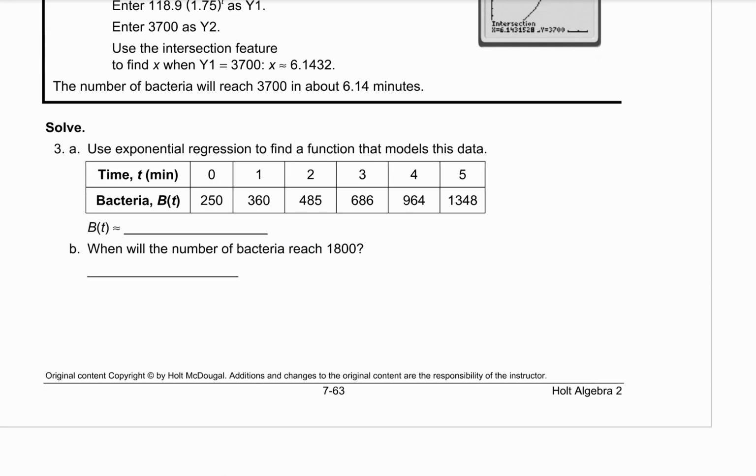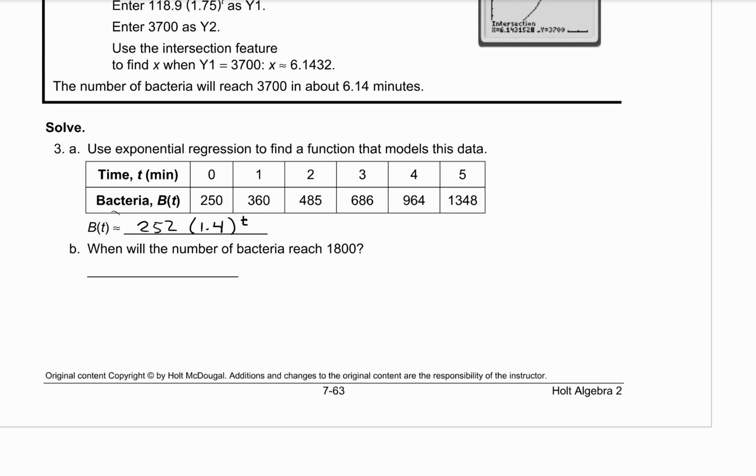So I'll say it's about 252 times 1.4 to the T. So if I want to know when this is going to reach 1800, I could then graph this and figure it out. Or, you know what, I could just try some numbers, plug them in, and see how far this is going to go.